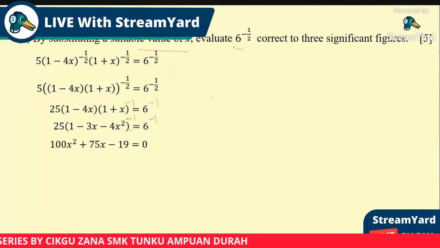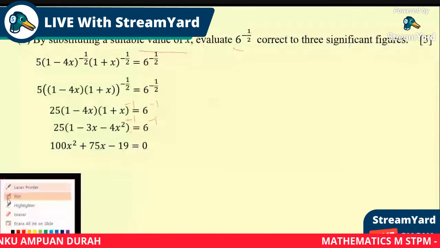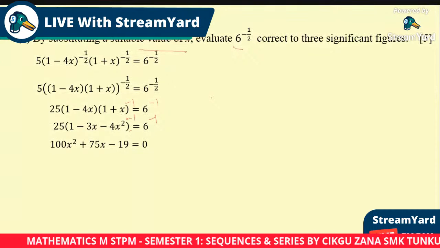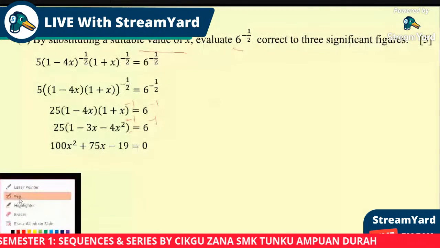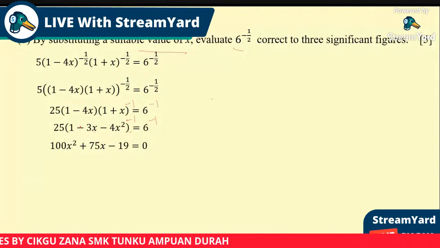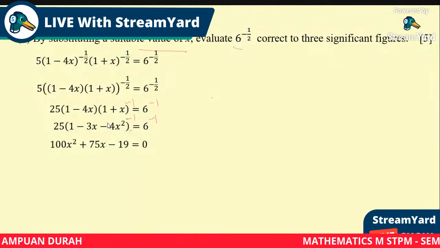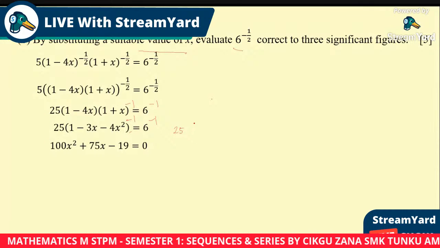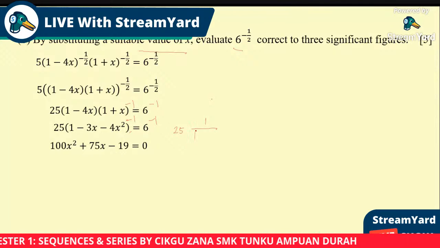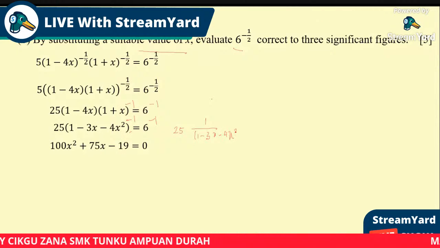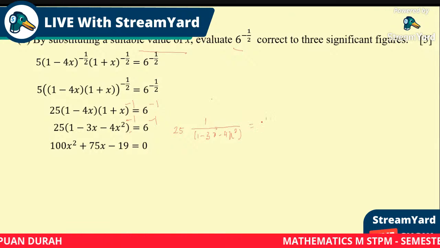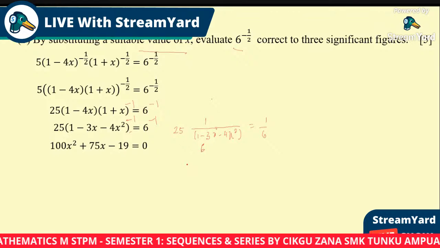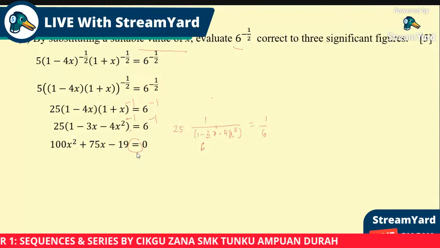I made a mistake. So 6. Okay, this one I can cross multiply because this is an equation. You can cross multiply if it's an equation.